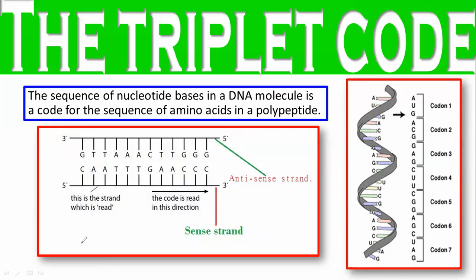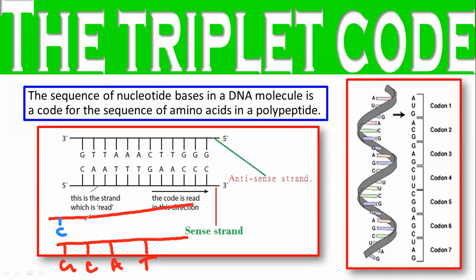So if I'm giving you one strand code, I'm writing here G, C, A, T. You can give me the code for the complementary strand. You can tell me why, because you know that guanine always pairs up with cytosine, cytosine always pairs up with guanine, adenine always pairs up with thymine, thymine always pairs up with adenine.